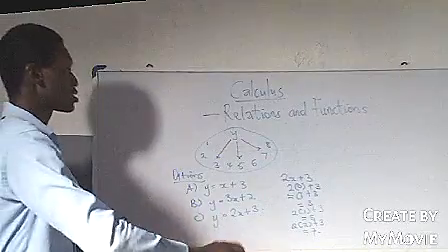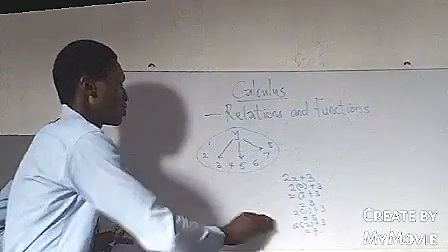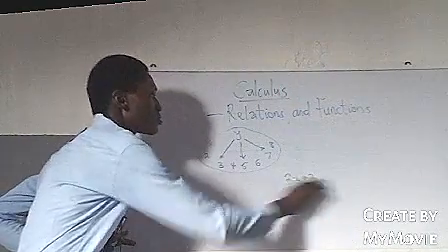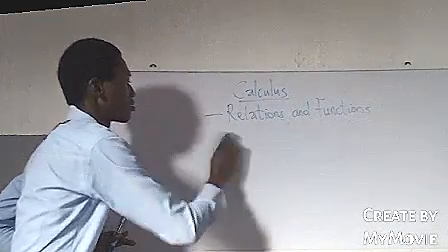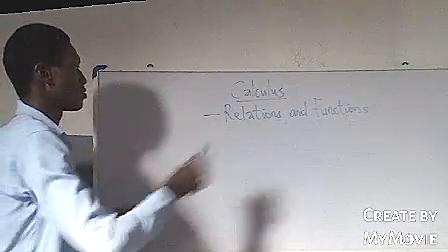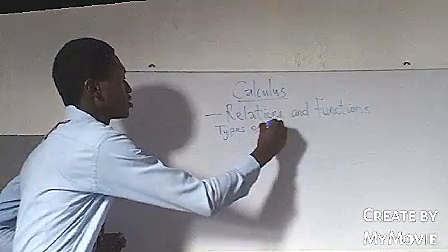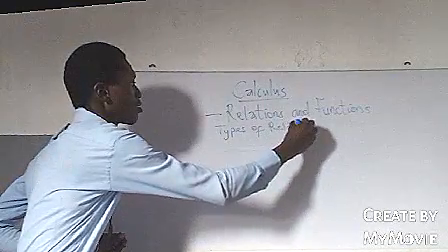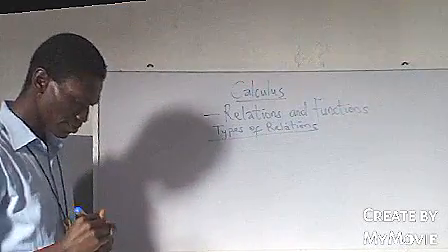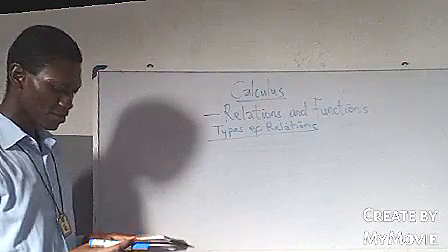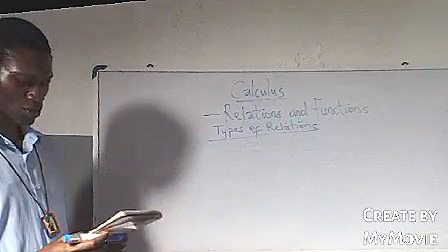So having looked at this, we now look at the different types of relations. We have about 7 different types of relations which we are going to look at.